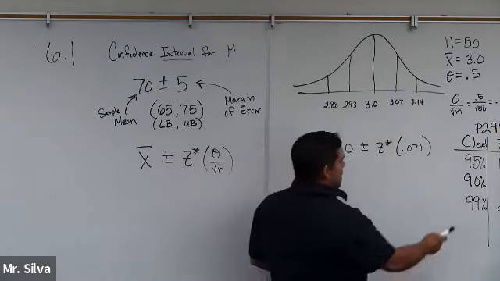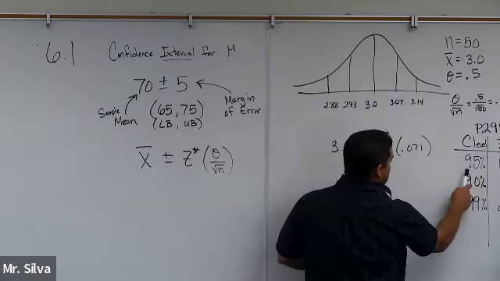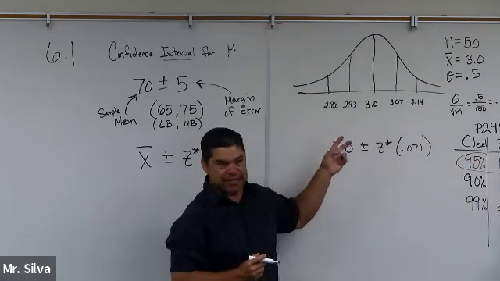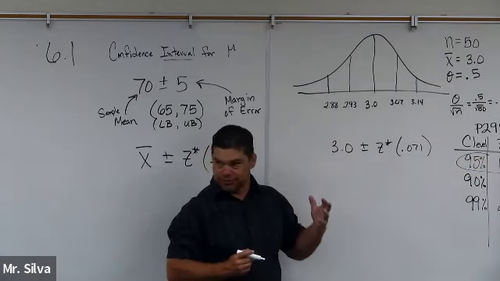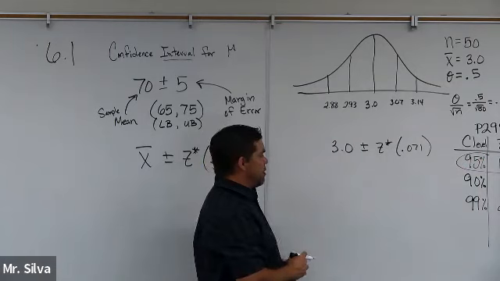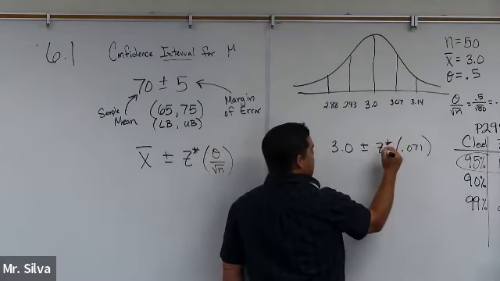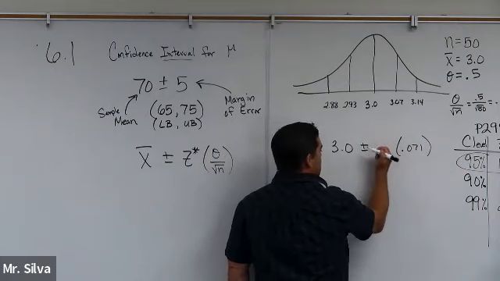Anyhow, the Z star for 95%, which is the most common confidence level, is 2 deviations. That's considered normal or usual. I'm going to use the 1.96 value right here, so I'm going to substitute this for 1.96.